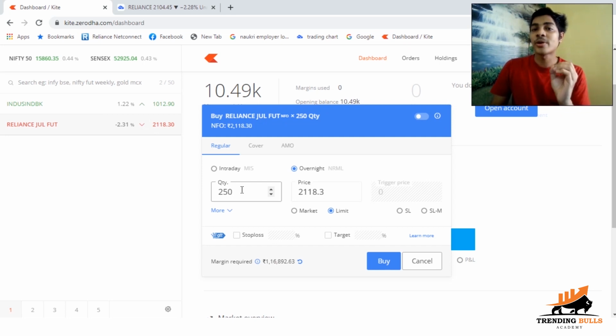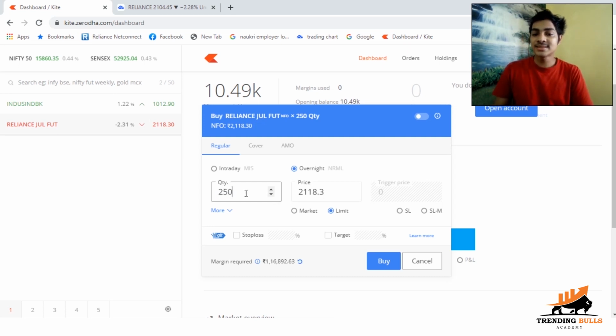That is the first point you need to know about futures: you can't buy quantities in odd numbers like 63, 78, 178. You always have to buy in a lot or basket. When I click once it becomes 500, and when I click one more time it becomes 750. So you can't buy in odd numbers, you have to buy in a lot. That's the first thing.